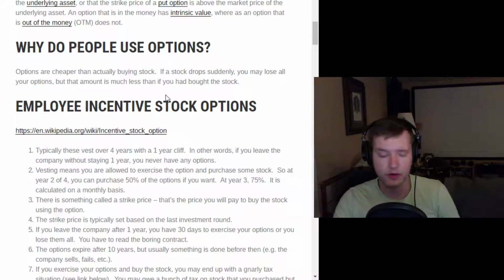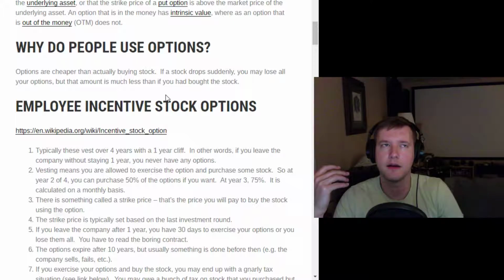Options in the startup world are just very risky, generally speaking. I personally refer to them as lottery tickets because that's how they work. Most of the time they're worthless, and some of the time they are worth a lot of money. I have personally not made money on any of my stock options except for one company I've been at.